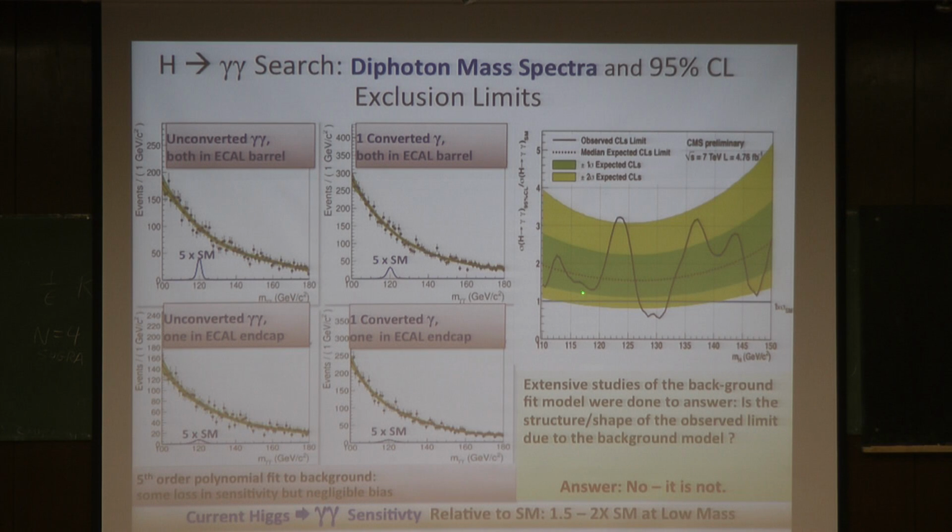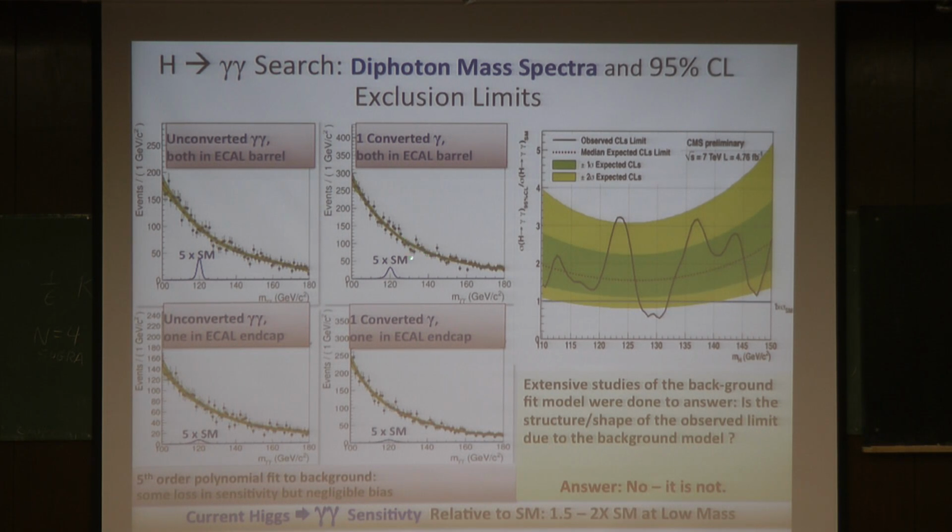This is the result, where you remember from Elam the interpretation of the green bands and the yellow bands, as well as the median expected, plus minus 1 sigma, these are the yellow and the green bands, and the observation. Now, the observation is this wiggly line, and every time the observation is out of the yellow, it means that we have a discrepancy, and that discrepancy can be a deficit or an excess.